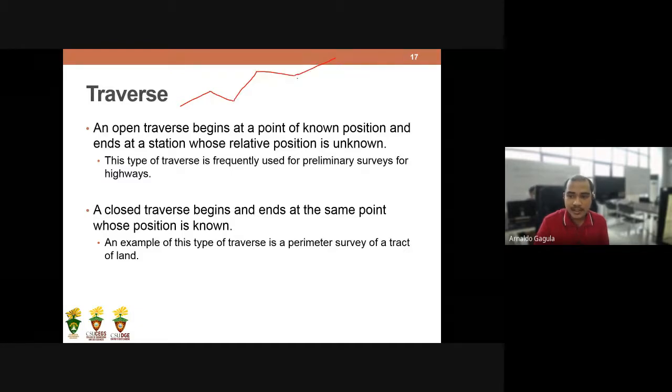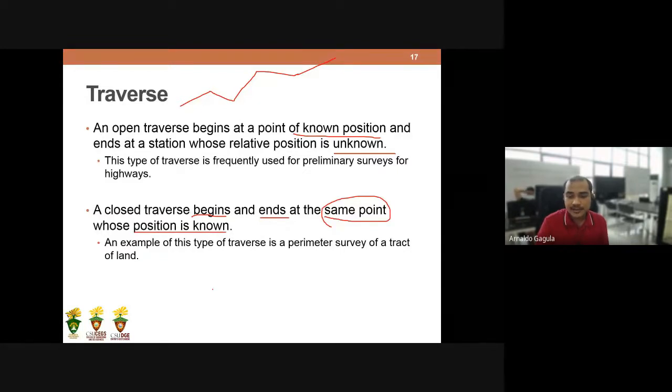But considering the accuracy and standards of a traverse. So, open traverse, begin ka sa known position and mag-end ka sa unknown position. This type of traverse is frequently used for preliminary surveys for highways, route surveys and topographic surveys. And closed traverse begins and ends at the same point, or at a position that is known.